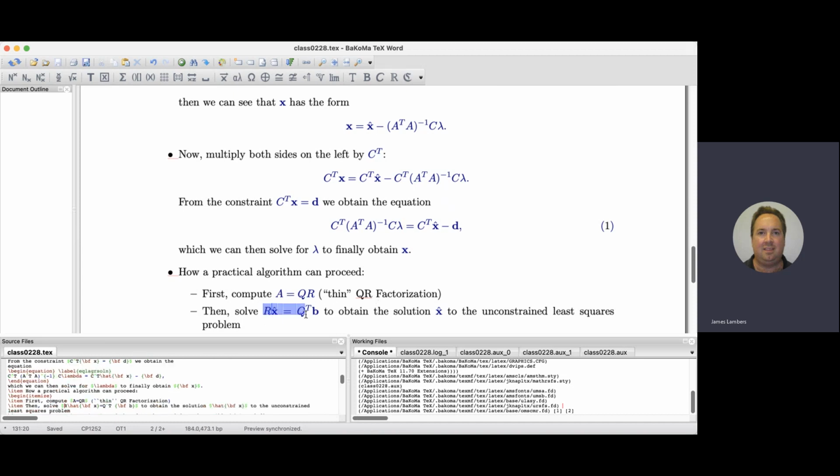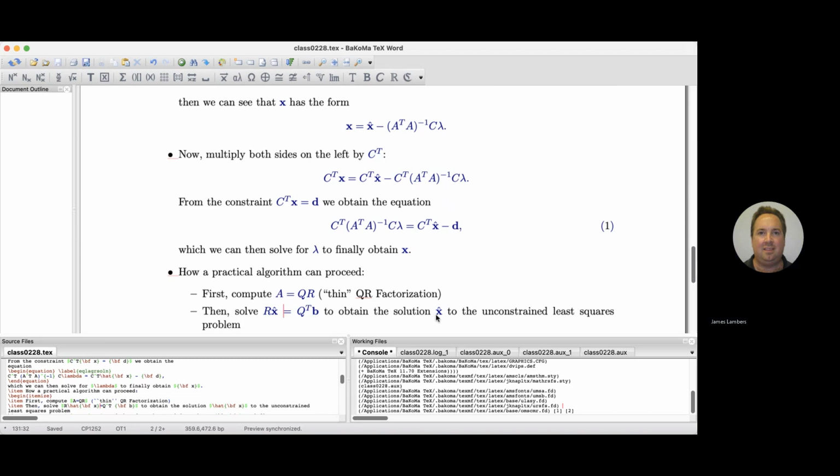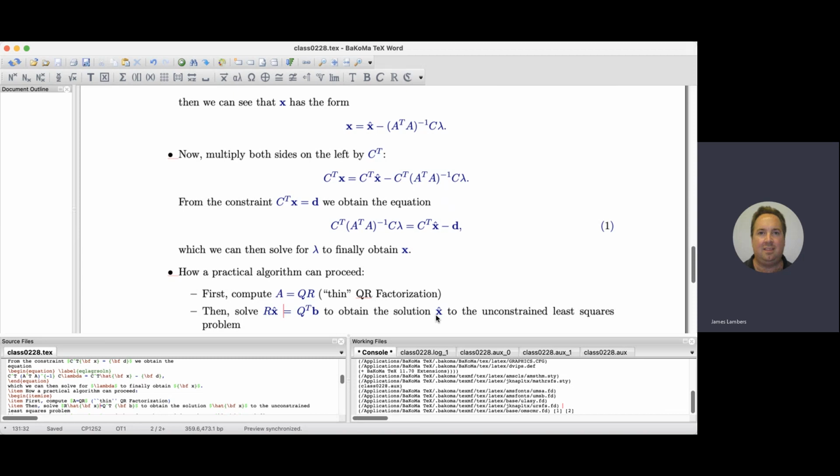This is ground I've covered before: we can take the R from the thin QR factorization and solve a system involving R, which is upper triangular. So we solve this by back substitution to get the regular, unconstrained least squares solution, our x hat.